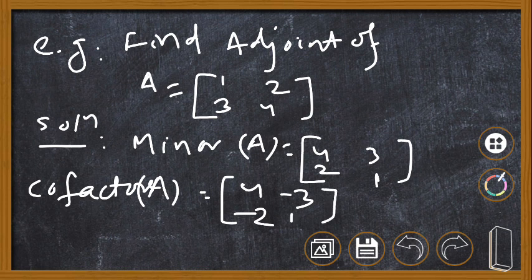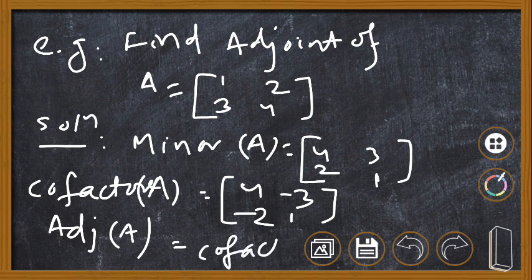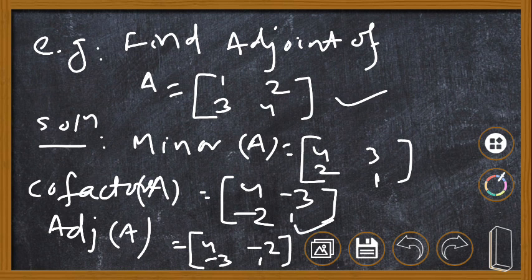Then your adjoint will be the transpose of cofactors. If I transpose this, I get 4, minus 2, minus 3 and 1. So look at the original matrix, and this one is the adjoint.